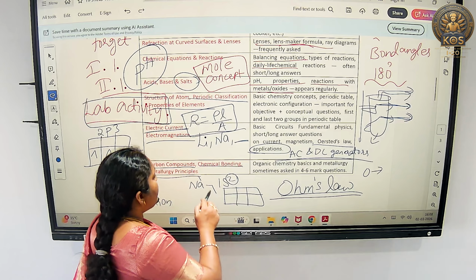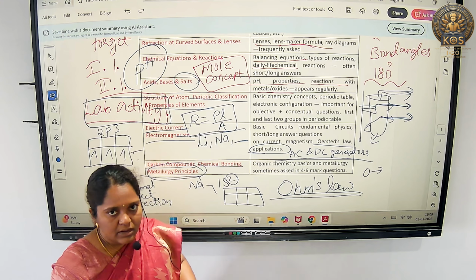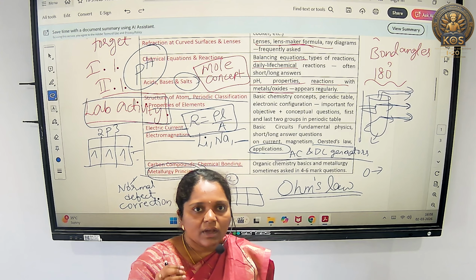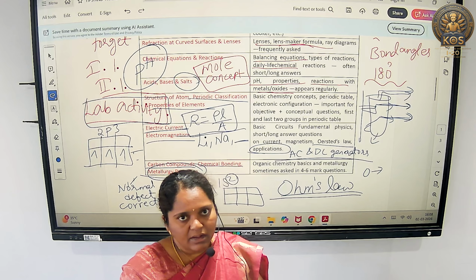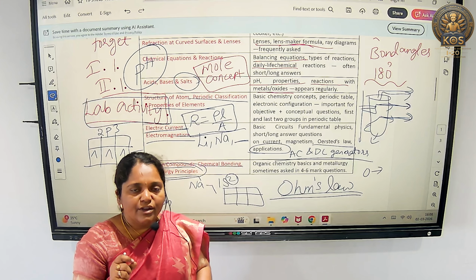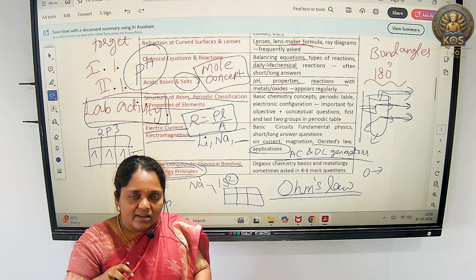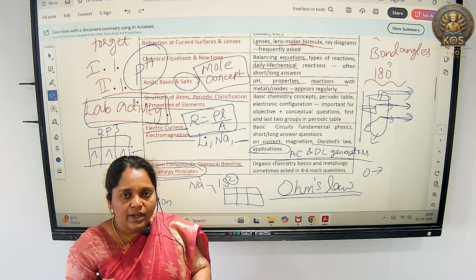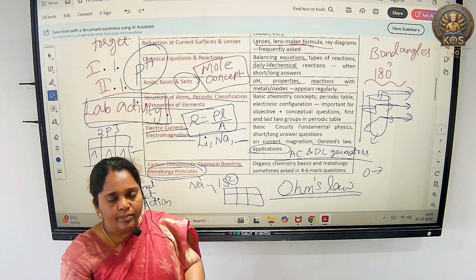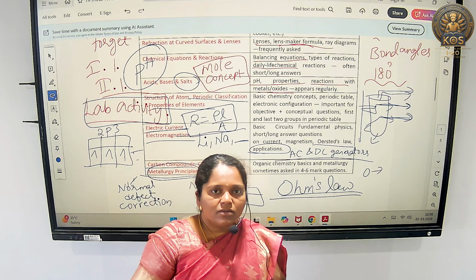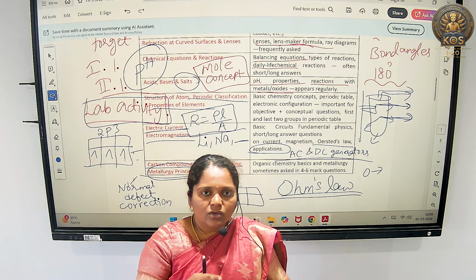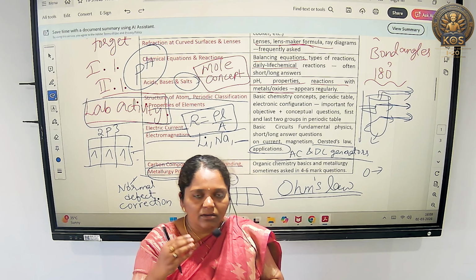And next, coming to definitions in metallurgy, there are a number of definitions and purification processes. Each and every purification process is important, and the definitions: calcination, roasting, and the electrolytic refining. Then we have the purification methods according to stages.